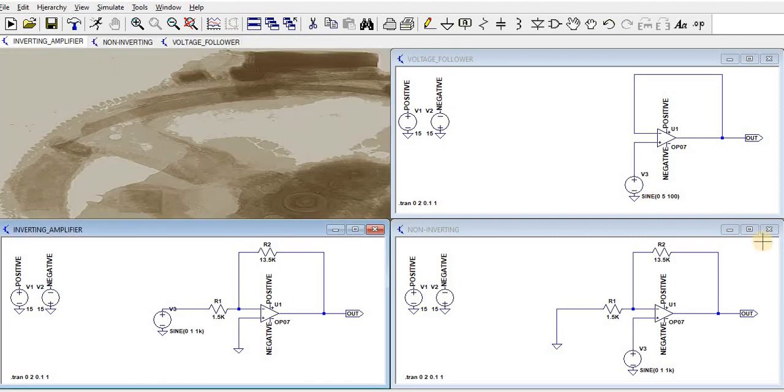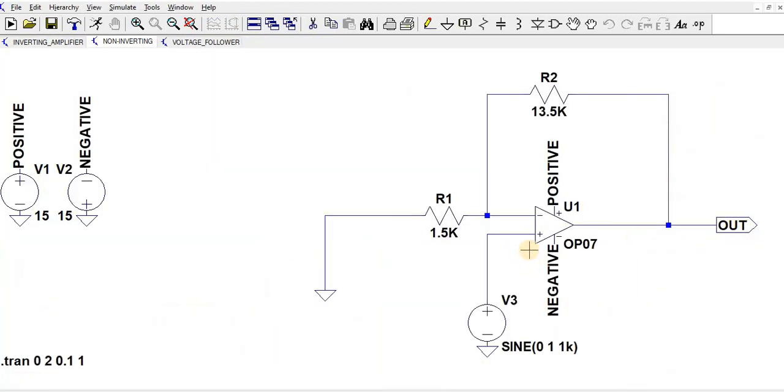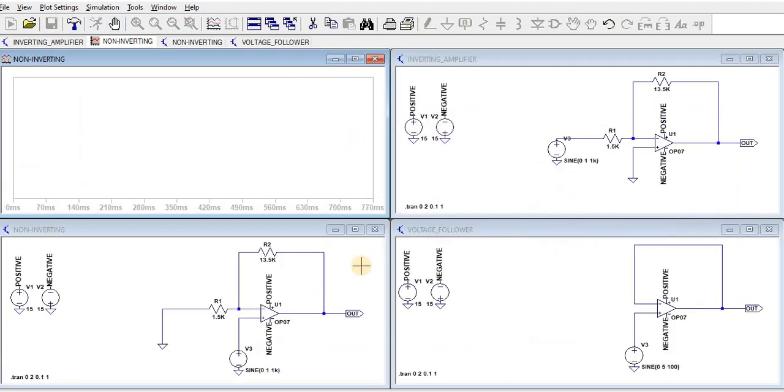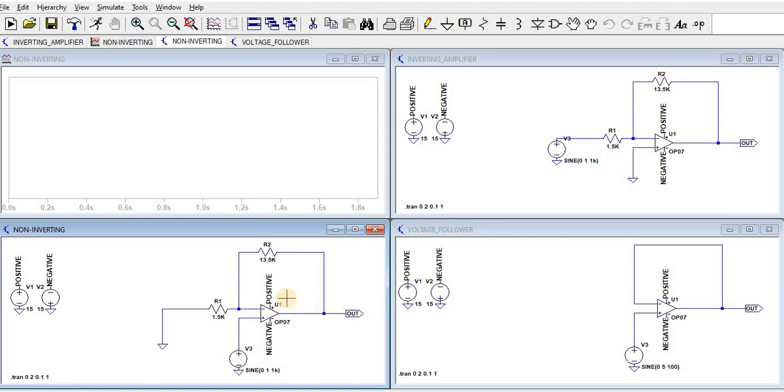The next one is the non-inverting amplifier. In the non-inverting amplifier we should not invert the input. For that, we have connected the negative terminal to the ground and we are giving the input to the positive terminal, with the same configuration. Let us see how it works for non-inverting.